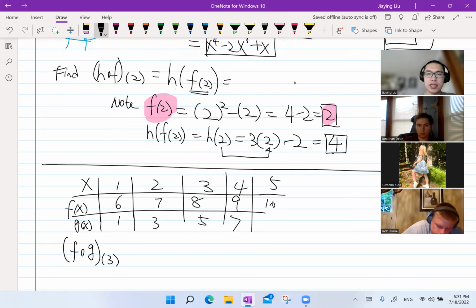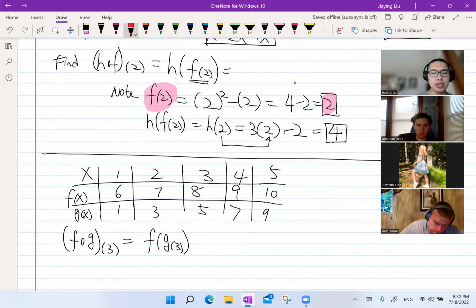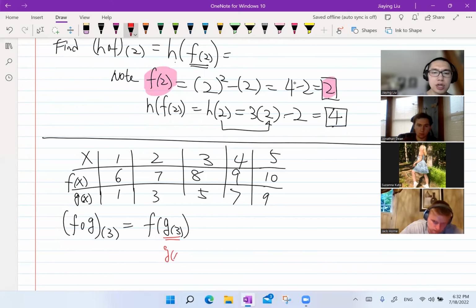Okay, so what this notation says, I'm going to find f of g of 3. The first thing we need is the inner part, g of 3. From the table, x equals 3, what is the g function? It gives me a 5. So g of 3 equals 5.